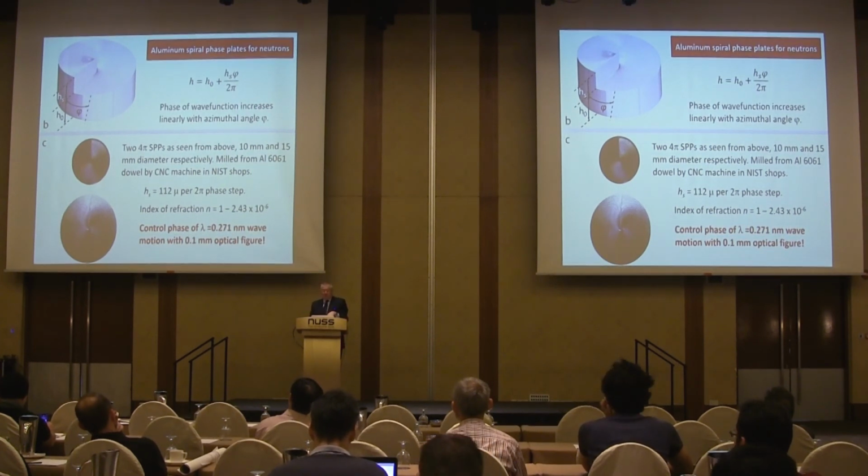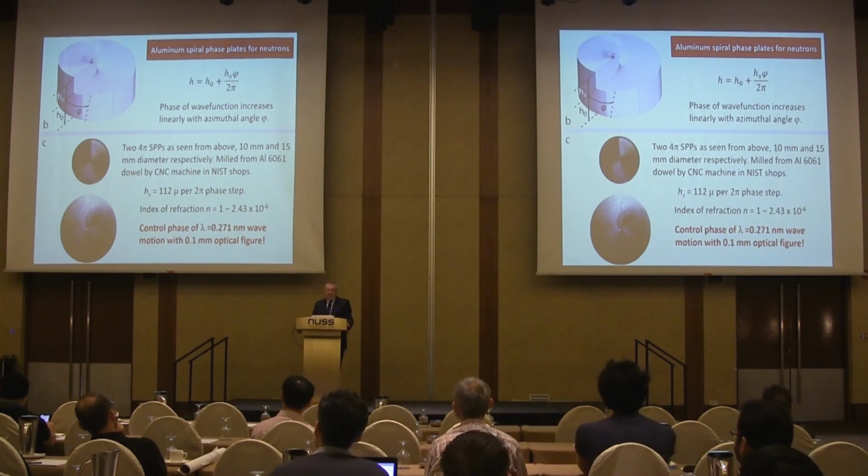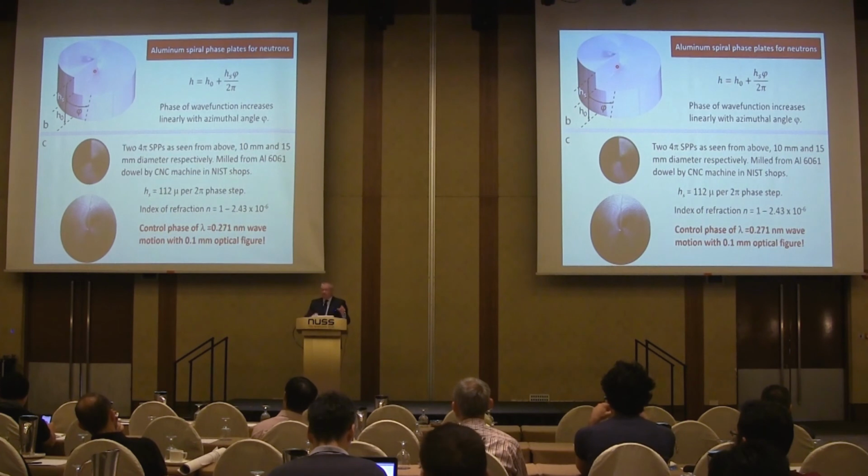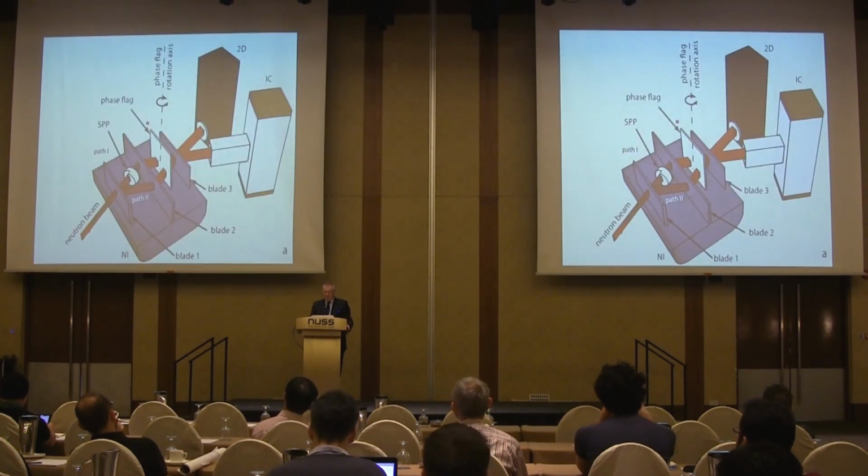But here, because of this very, very small difference of index of refraction, we have a bulk effect of the optic, and so you get an amplification factor of 1 million. You can tolerate, you just need micron level precision of machining to make phase plates for neutrons.